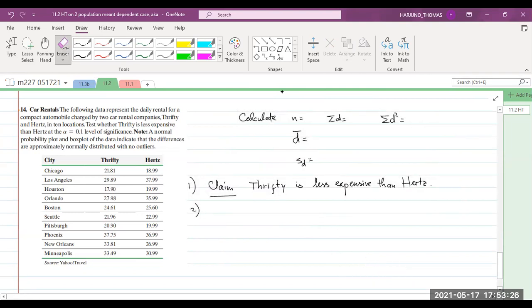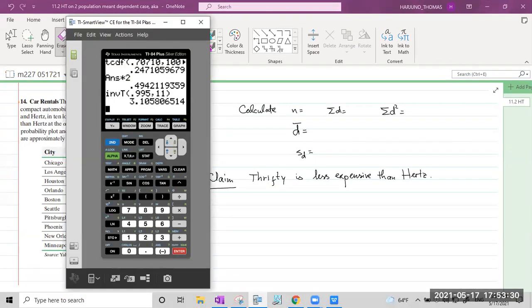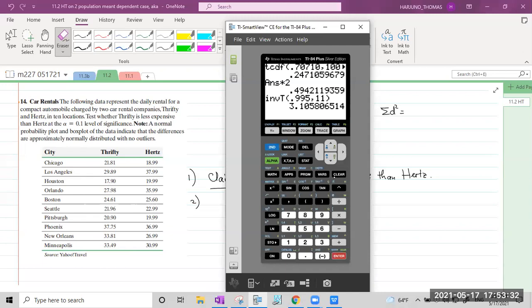Then use my calculator. Key in data. I will need to clean up lists 1, 2, 3. So stats, clear list, list 1, list 2, list 3.